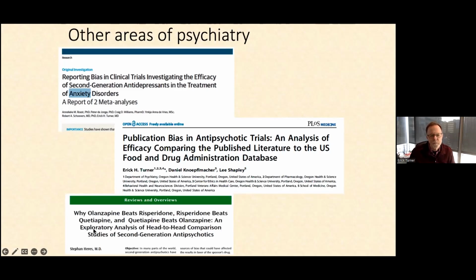They did an exploratory analysis of head-to-head comparisons of the second generation antipsychotics, and basically it comes down to picking and choosing which trials get published or not. Imagine the drug company does a number of trials pitting their drug against a competitor. If the home team wins, everybody gets to know about it. If the home team loses, well, we'll just keep that a little quiet.